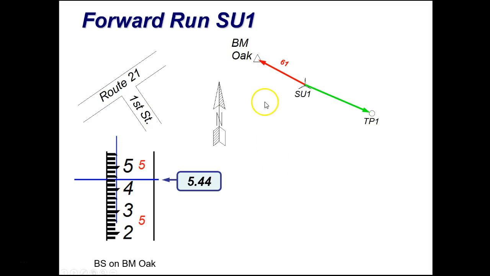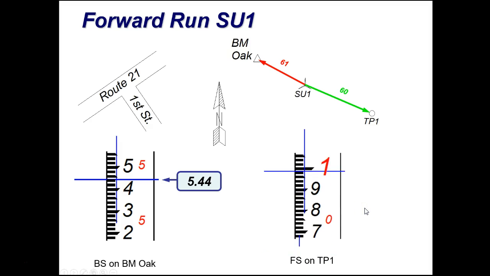Then we bring our rod over here to turning point 1. We paste that as we go as well. Our instrument hasn't moved, it's still right here. Our rod has moved, now we're up here, and we're taking a FS, or foresight, front sight on turning point 1. That's what we look through the instrument, and this is what we see.